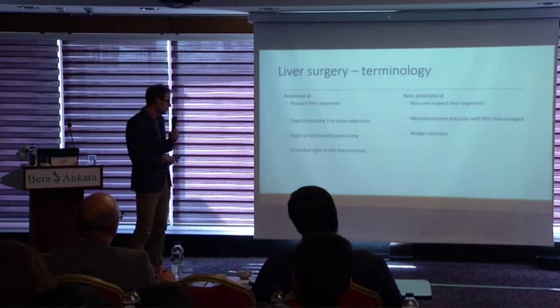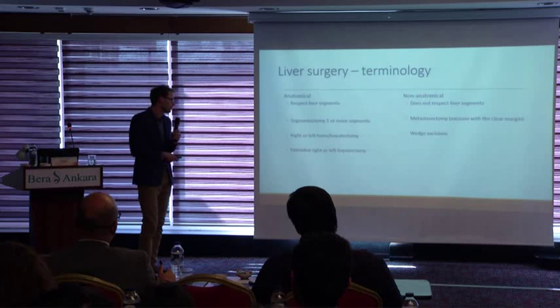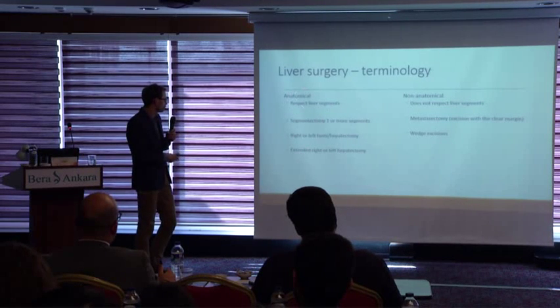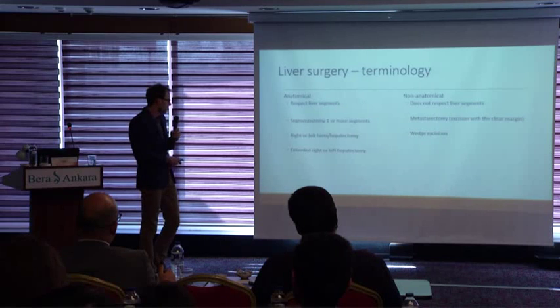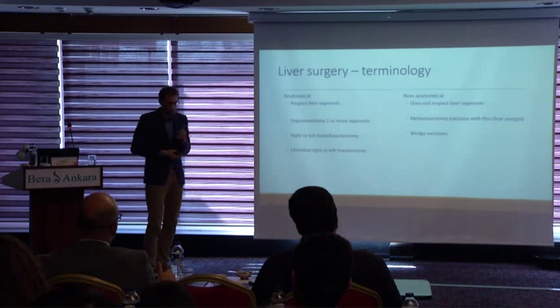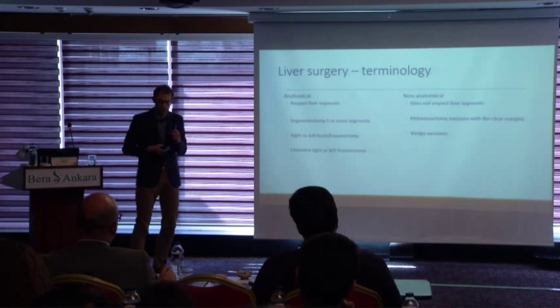Anatomical resection respects liver segments, and you can perform a segmentectomy of 1 or more segments. And also a very nice type of anatomical resection are right or left hemihepatectomy or extended right or left hepatectomy. When we are speaking about large liver resection, we mean that we resect more than 3 liver segments.